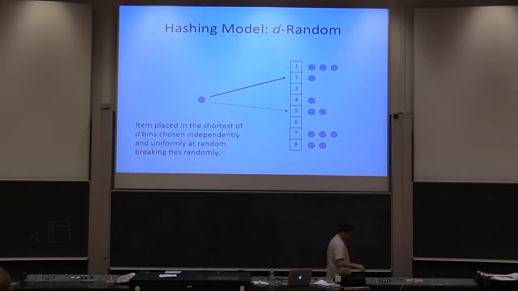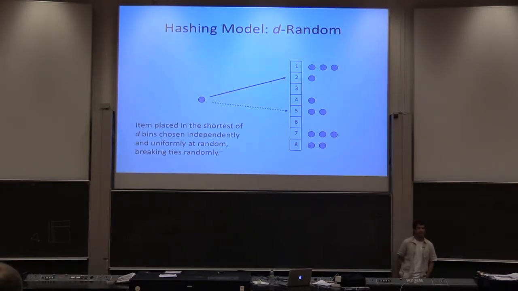But one of the things we started to see with Bloom filters and so on is you can get power from multiple choices. And here we're going to look at the power of multiple choices in a different setting. You can imagine building up a hash table where you're storing items, but you give each item a few choices.